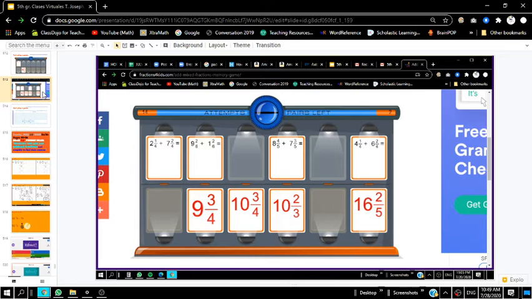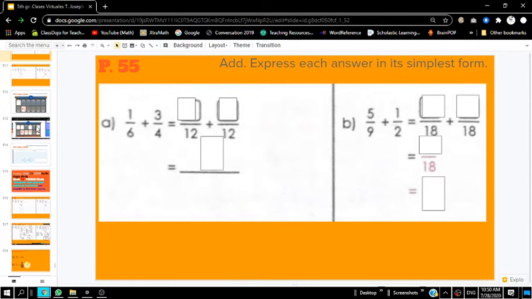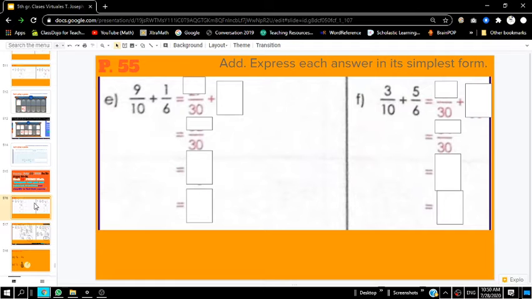We also played this game to try to figure out how to add fractions and find the final answer. We did page 55, a couple of the problems, and we're going to continue on page 55 today. On page 55, letters E and F were the problems that we ended up with, so let's do those right now.